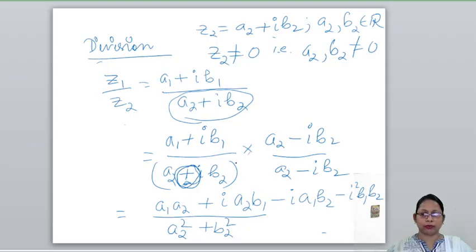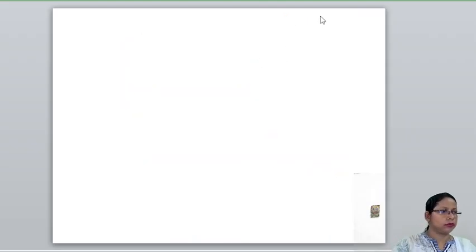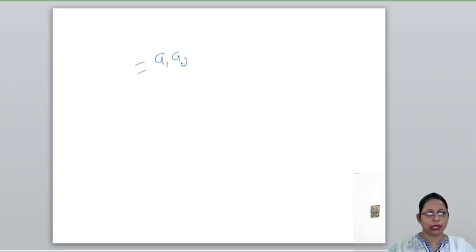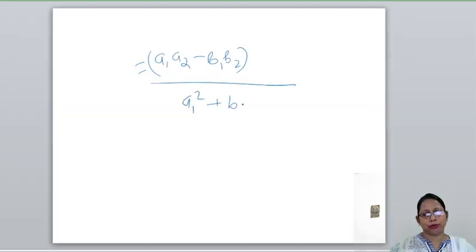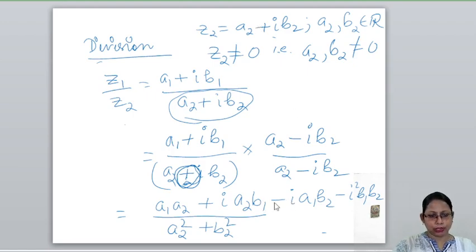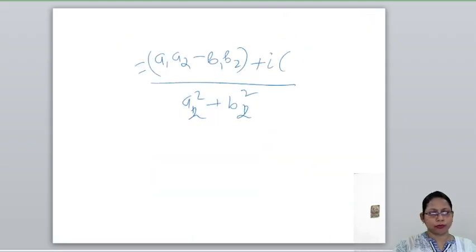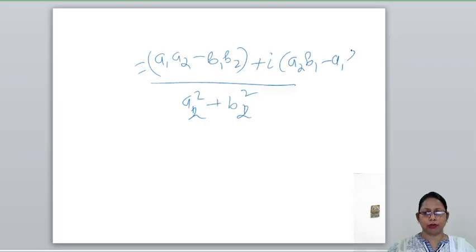So it will be (a1 a2 plus b1 b2) divided by (a2 square plus b2 square), plus i (a2 b1 minus a1 b2) divided by (a2 square plus b2 square). This is the division of two complex numbers.